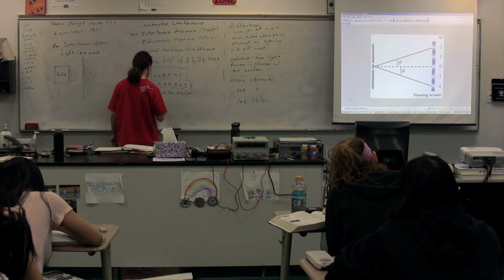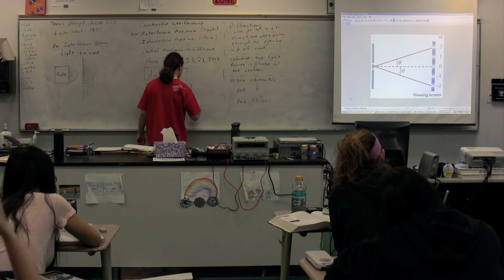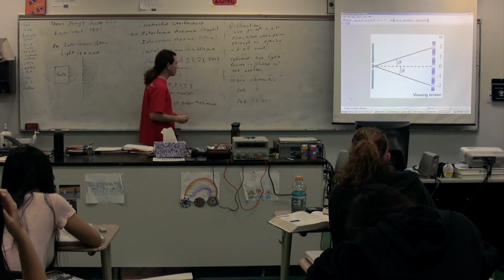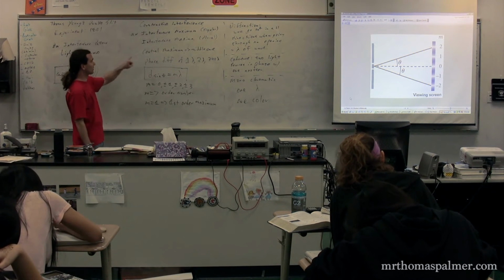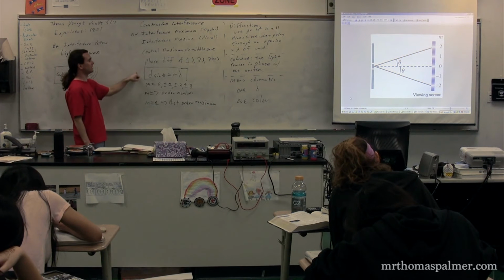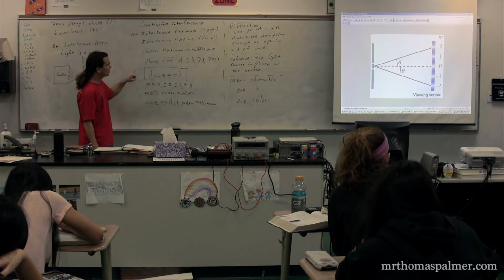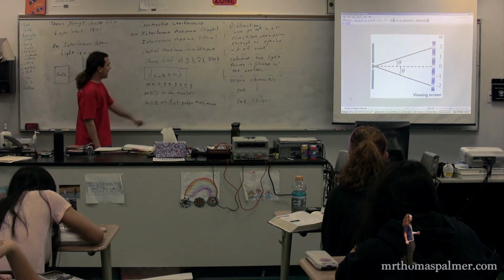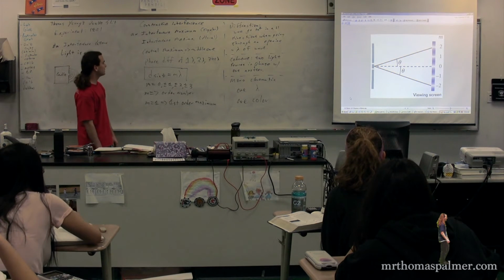So if m equals 1, that's called the first order maximum. Just to get some terminology down. Again, this is for constructive interference where we see bright light. It's a bright fringe where we have a maximum. So let's just make sure m is clearly the order number, lambda is the wavelength of the light.